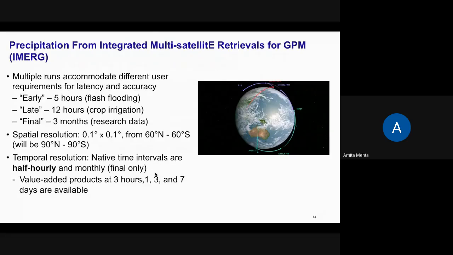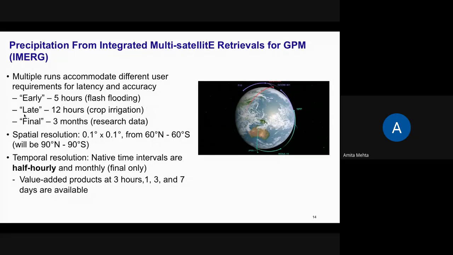Okay, and IMERG might become very useful in monitoring rainfall at different time scales. So there are multiple products. There is an early product, with about 5-hour latency, which can be used for monitoring flash flooding. There is also a late product with about 12 hours latency, used mostly for crop irrigation or monitoring whether there's going to be any rainfall in the next 12 to 24 hours or so.